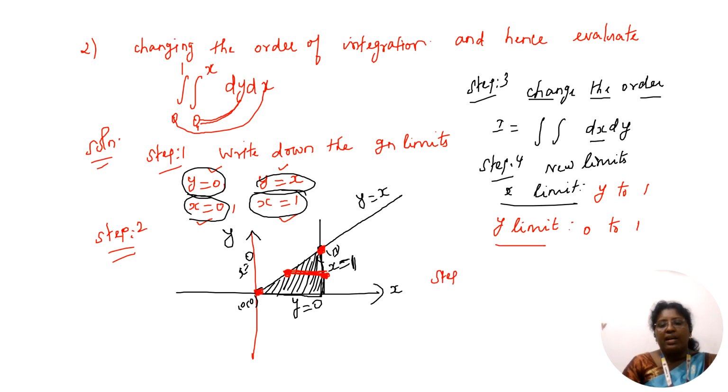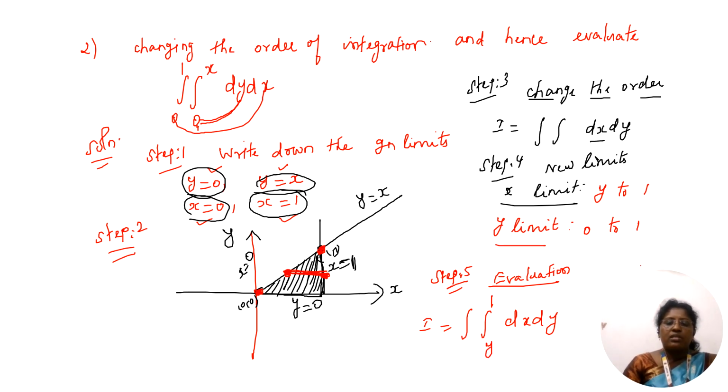Step 5, evaluation of the given integral. After changing the order it becomes dx dy. The inner integral is with respect to x. The x limits: lower limit is y, upper limit is 1.